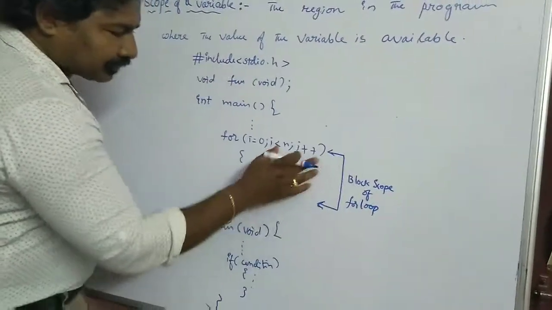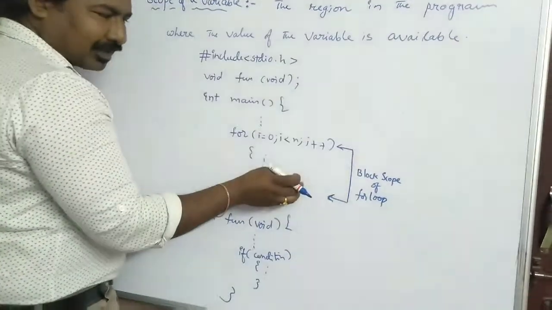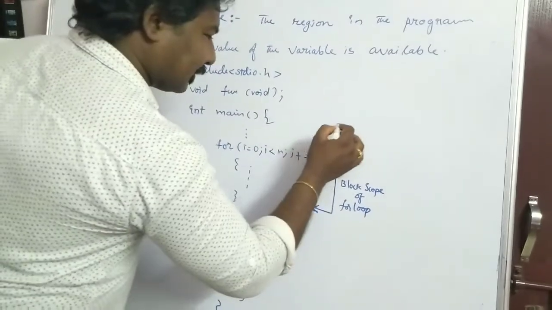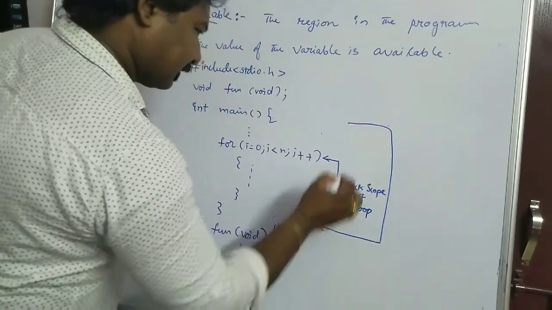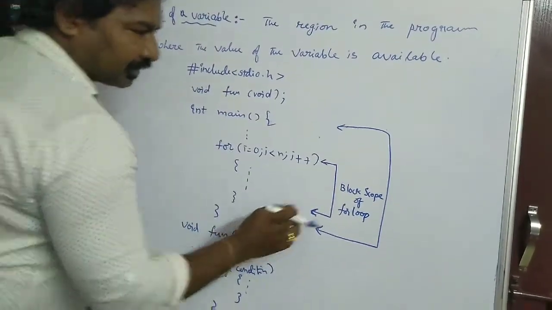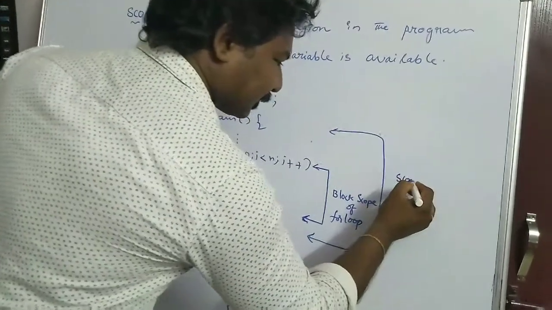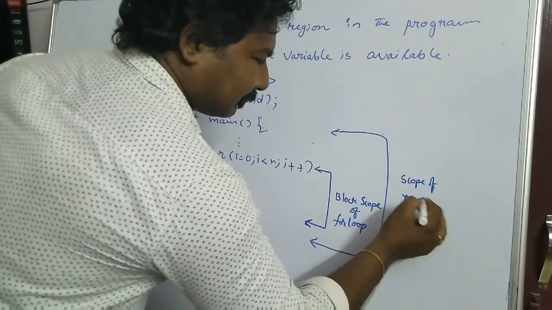This is the scope of the for loop, so whatever variables are defined here will be available here. The place from here to here, that means the main function, is the scope of the main function.